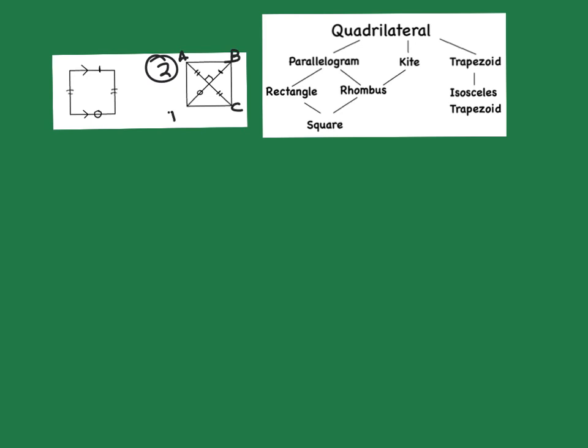So you can see from the diagram that BD is the perpendicular bisector of AC, which means B is equidistant from A and C. Also, it means that D is equidistant from A and C.